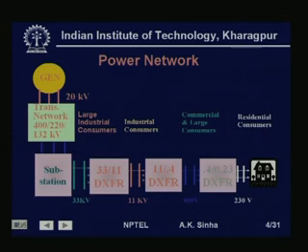Then this goes into substations from where we distribute power at lower voltages, maybe at 33 kV, 11 kV or three-phase 400 volts.